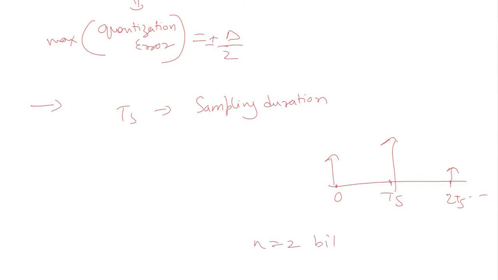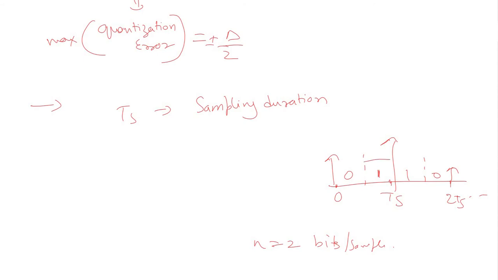So there are 2 bits per sample. Let's say this sample represents 01, then this represents 10. Each sample represents 2 bits.